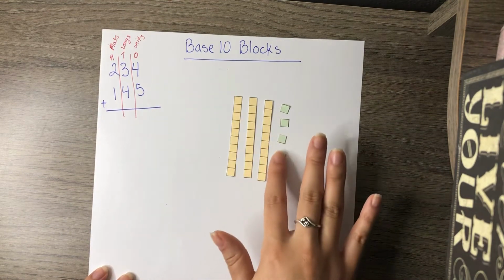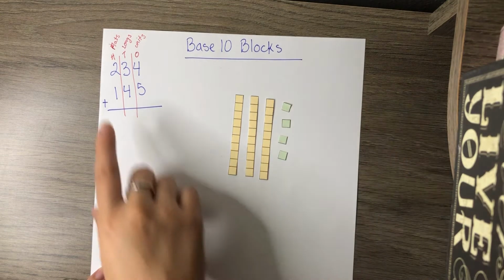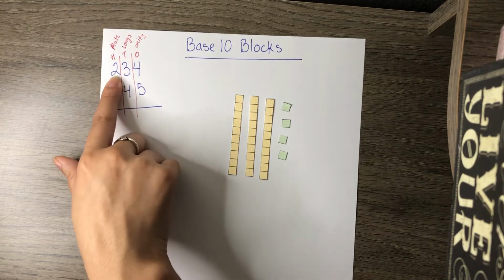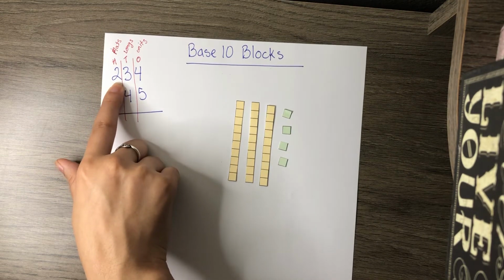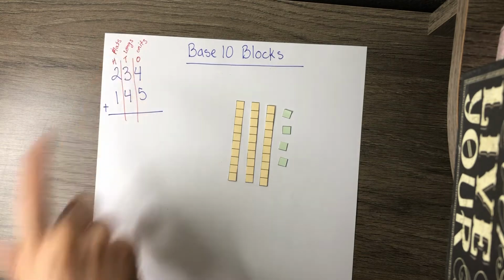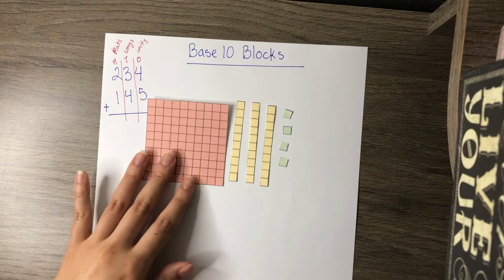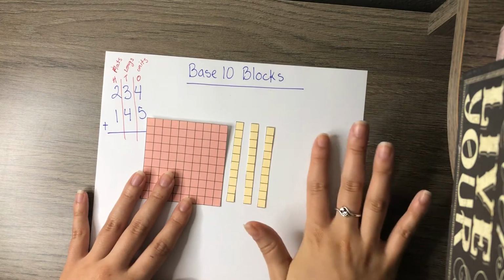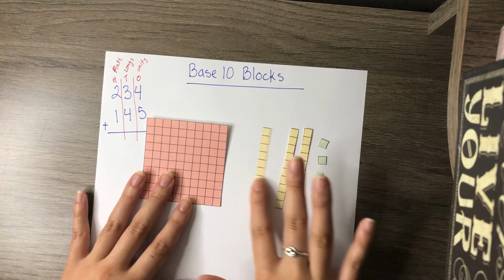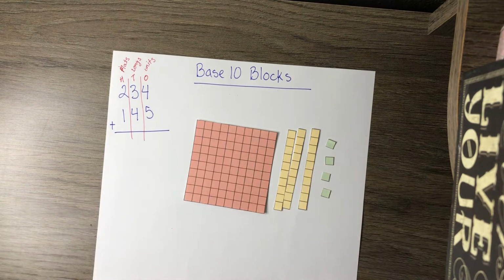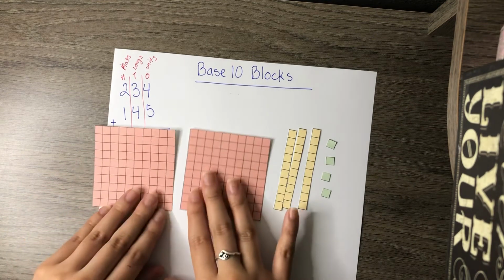3 longs. Then we have our hundreds place. We have a number 2, so that would be 2 flats. So we're gonna put 2 flats. 1. Let's move this over here. 1 and 2.